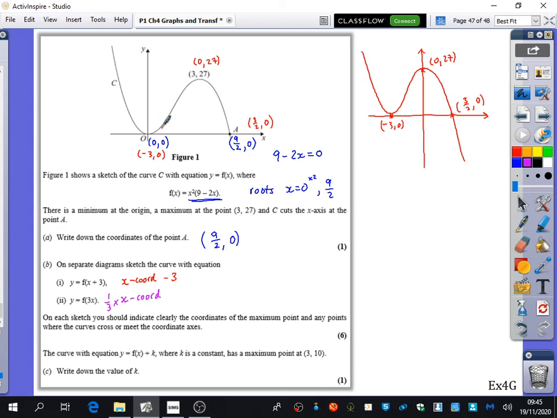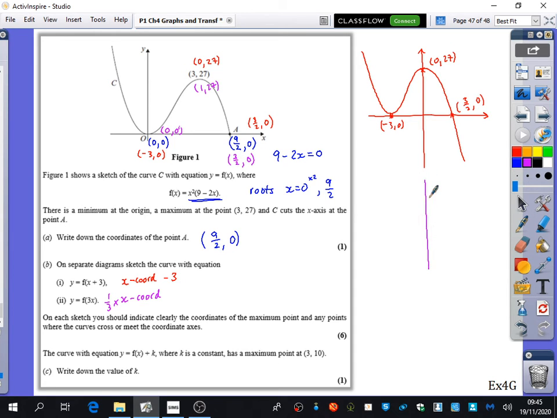So I'm going to write next to 0, 0: 0, 0 is going to stay at 0, 0 because 0 divided by 3 is 0. This 3 over 27, though, would become 1, 27. I said 3 over 27, didn't I? 3, 27. And this 9 over 2, 0 would become 3 over 2, 0. I've just divided it by 3.